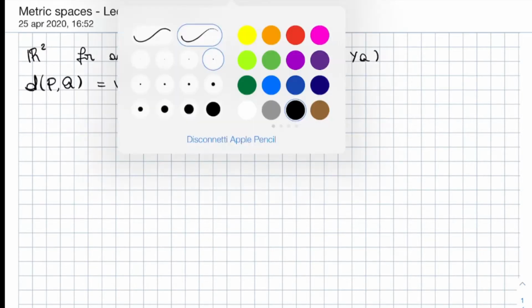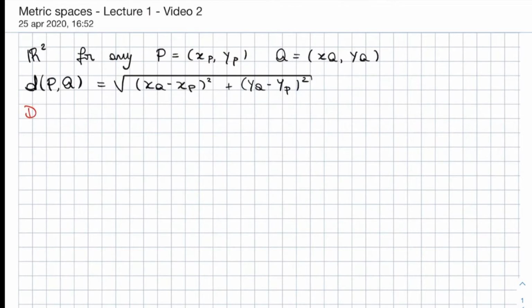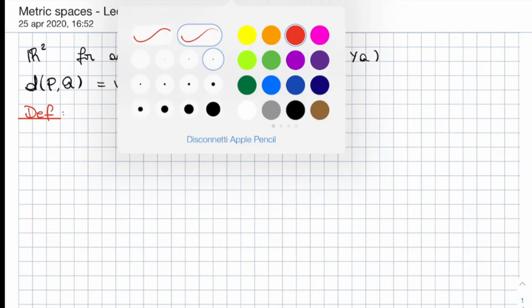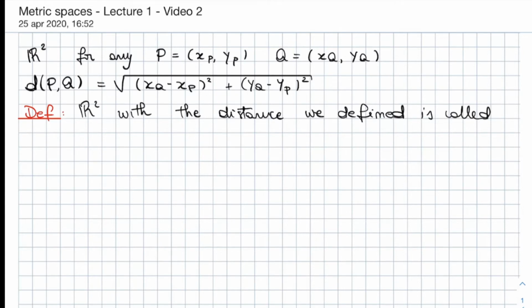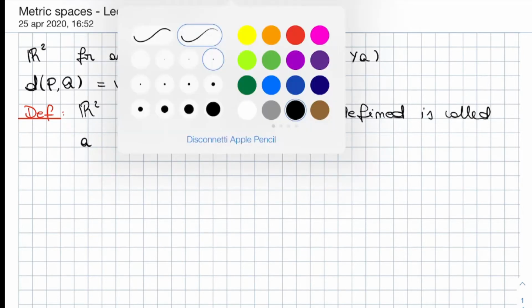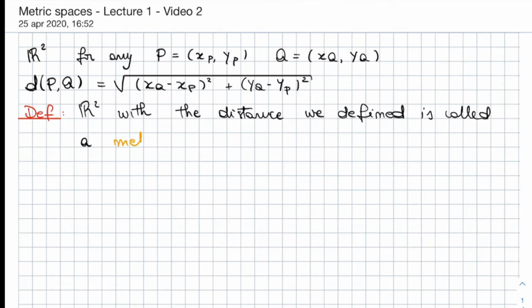Now, just as a definition, and basically it's a name, R2 with the distance we defined is called a metric space, thus explaining the name of the course.